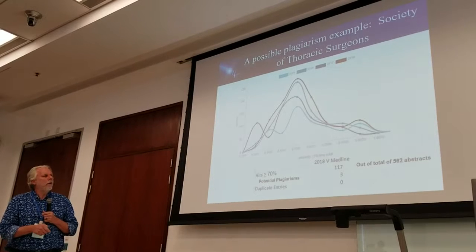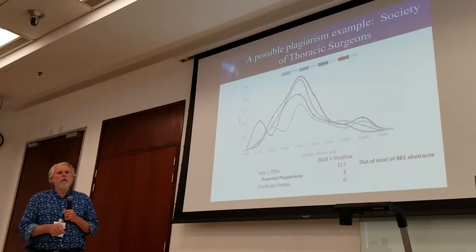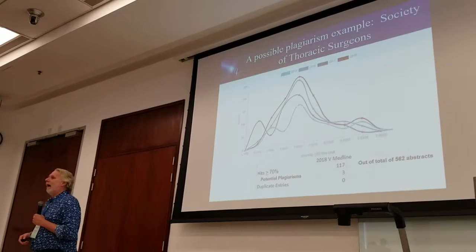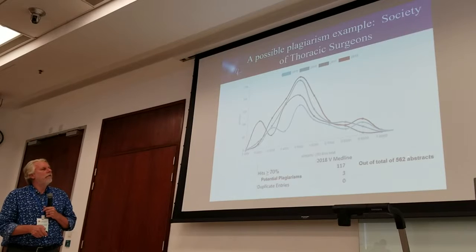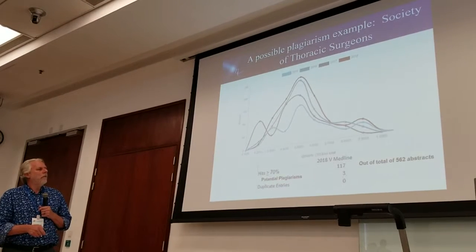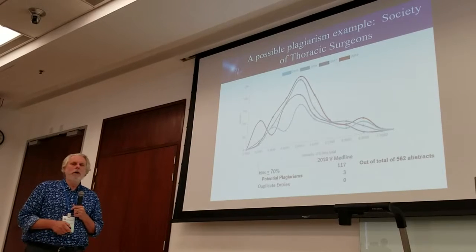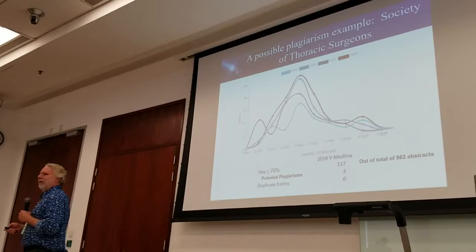So basically, we draw a line here at 70% similarity, and then evaluate everything above that by eye. In this particular case, out of 562 abstracts, 117 were above 70%. We found 3 potential plagiarisms. Note that I don't say that they're plagiarisms, but you can make a determination on your own.